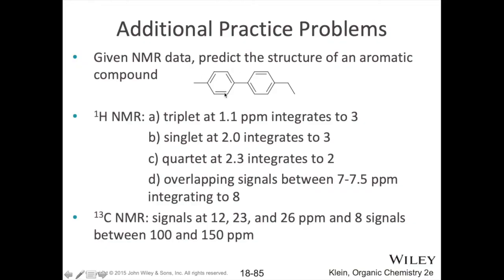So out of our 12 aromatic carbons here, we only see 8 signals. So that tells you a little bit about the symmetry of this molecule. Okay, and of course there's 3 non-aromatic signals. Those are the 3 alkyl carbons that we have over here.